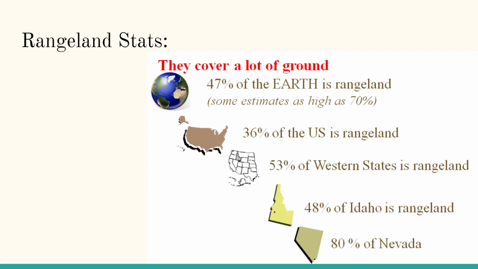In the 19 western states, 53% is classified as rangeland. Rural states like Idaho and Nevada are 48 and 80% rangeland.